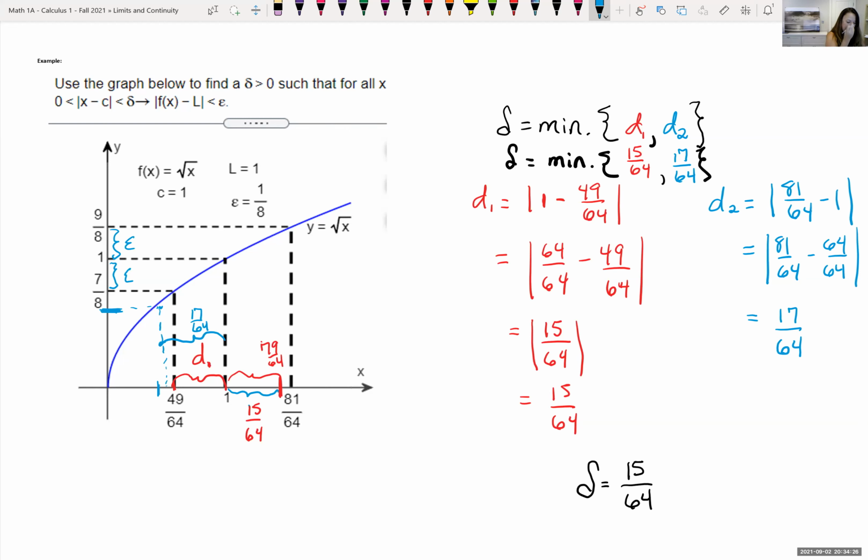And so that's outside. That's why we have to choose the smaller of the two distances to guarantee that any number we choose in between a minus delta and a plus delta would get us into this neighborhood in here.